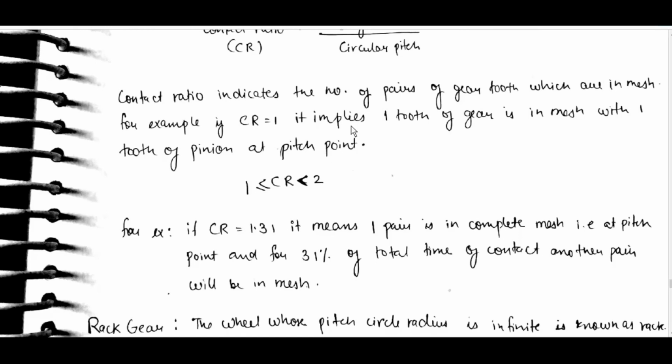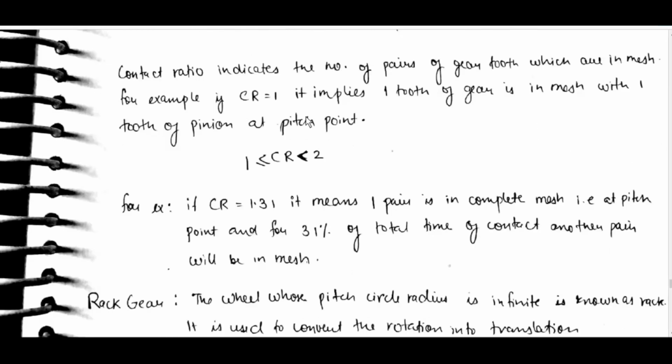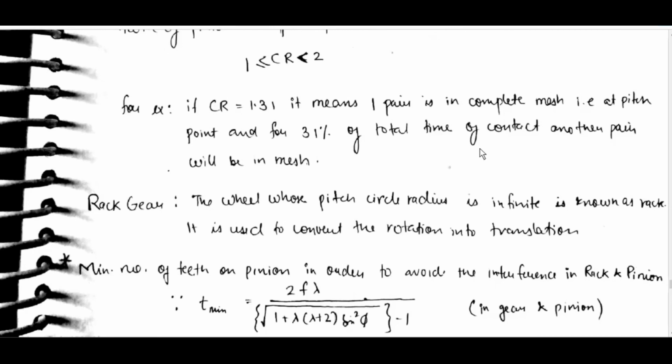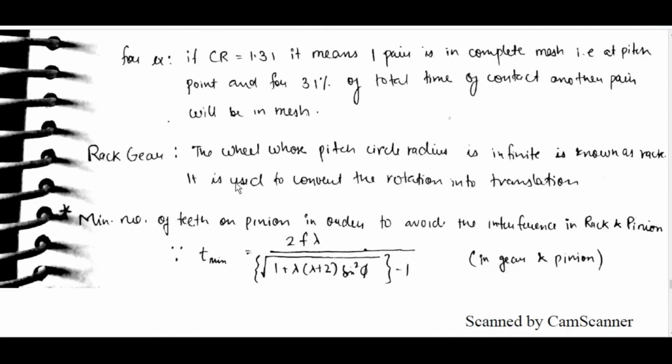For example, CR is equal to 1. It implies one tooth of the gear is in mesh with one tooth of the pinion at the pitch point. For 1 less than or equal to CR less than 2, say CR is equal to 1.31, it means one pair is in complete mesh for 31% of the total time of contact, and another pair will be in mesh.